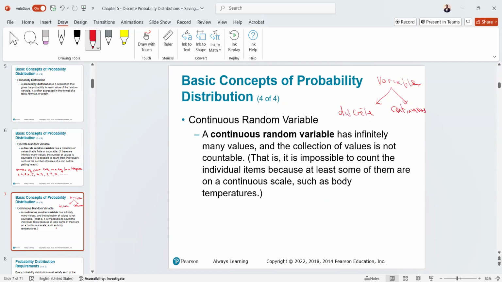It is not possible to count the individual items because at least some of them are on a continuous scale, such as body temperature, or the number of hours spent in phone calls by a salesperson.